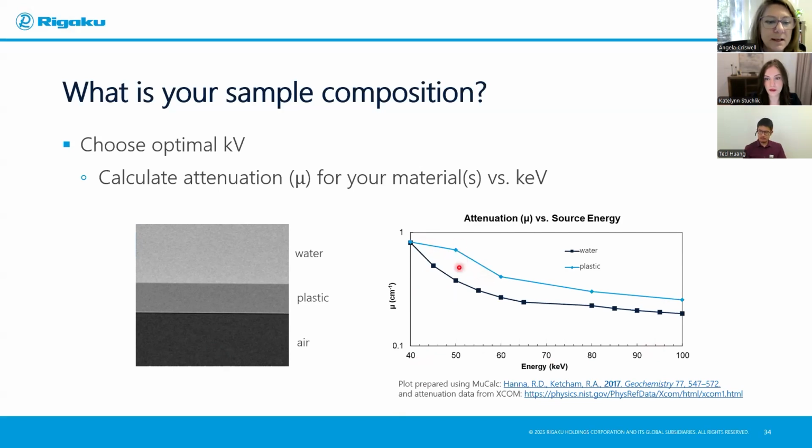What I'm looking at here are absorption differences, so that I get the best contrast. I see that 50 keV may be ideal, and that there's less contrast as I get to higher and higher energy. So for sure, this might be one setting that I use. I might start around 50 keV and maybe a few around there.